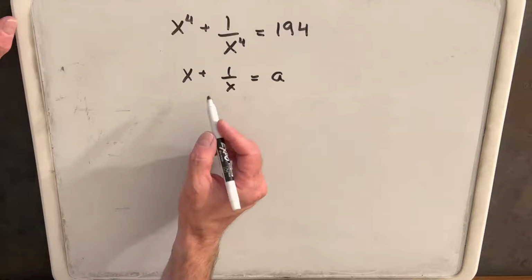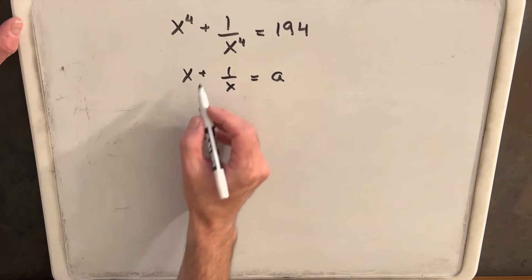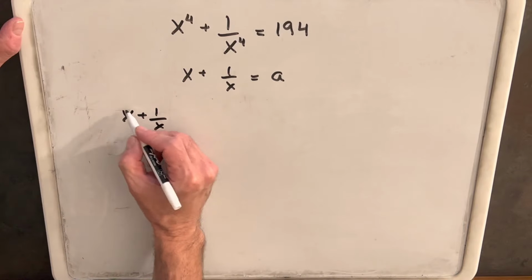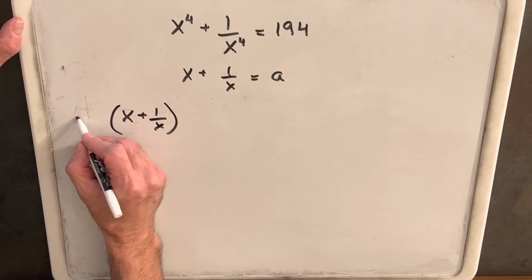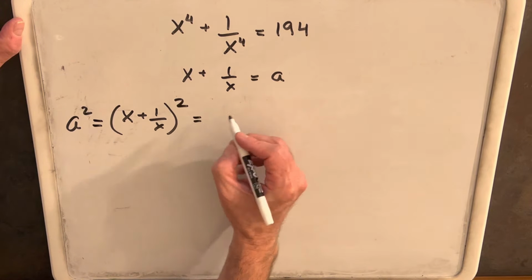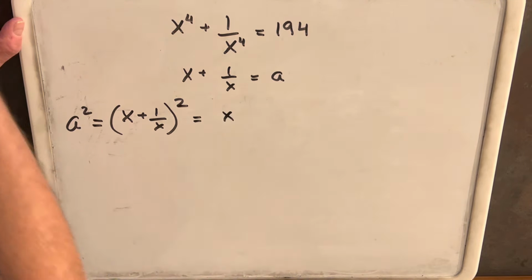And then we can just go about squaring both sides. So if we take our a and square it, let's just distribute it out the long way.